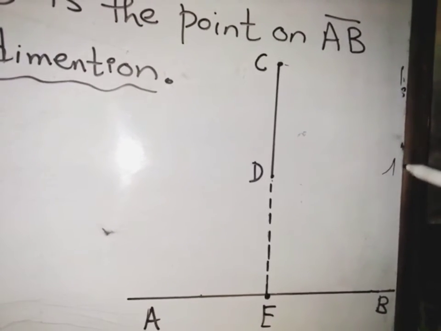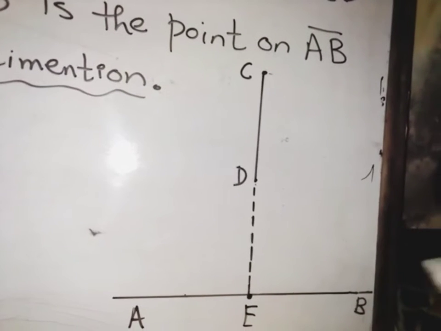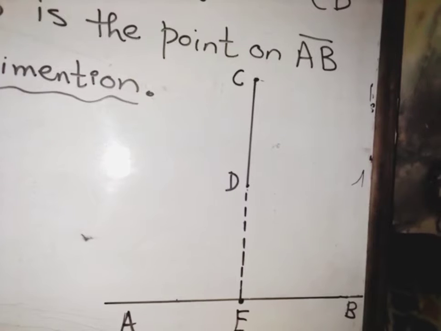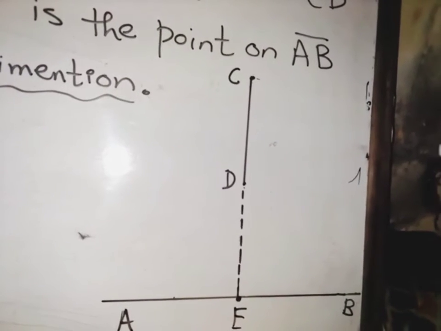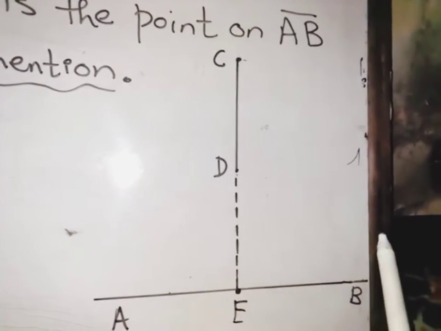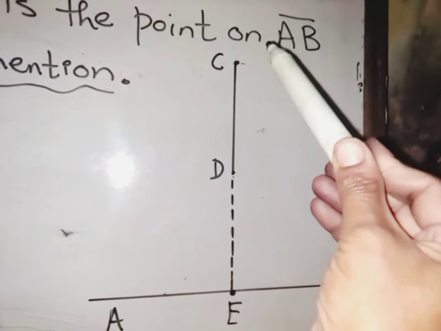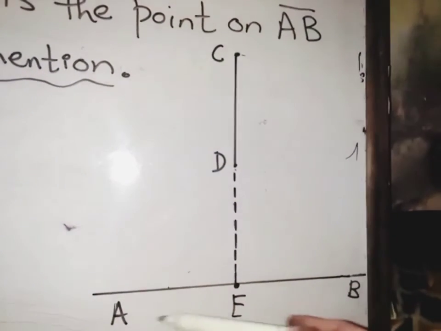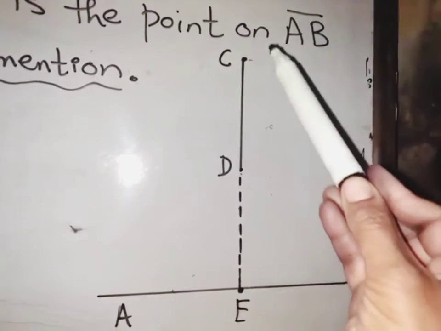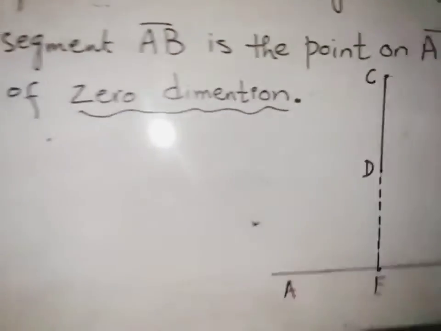So the foot of any perpendicular is the projection of the point, or the portion between these foots of the perpendiculars will be the portion of line segment. So there is no portion on the line segment AB between the perpendiculars from C and D. So there is no projection on the line AB of line segment CD. So it is known as zero dimension.